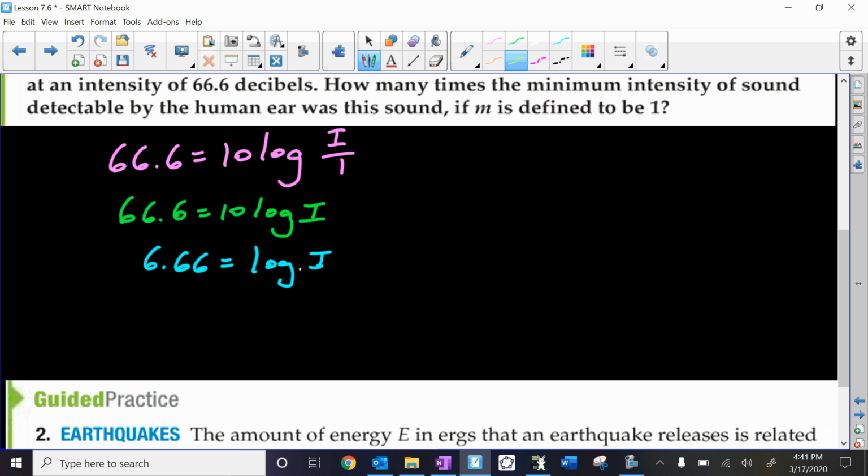Again, they don't specifically tell you this, but we get to assume that that is base 10. So we have a base of 10 with an exponent of 6.66 equals I. You can type that into your calculator if you'd like. It comes out to a really big number that you can write down. I'm just going to leave it like that for now. And that would be problem number 2.